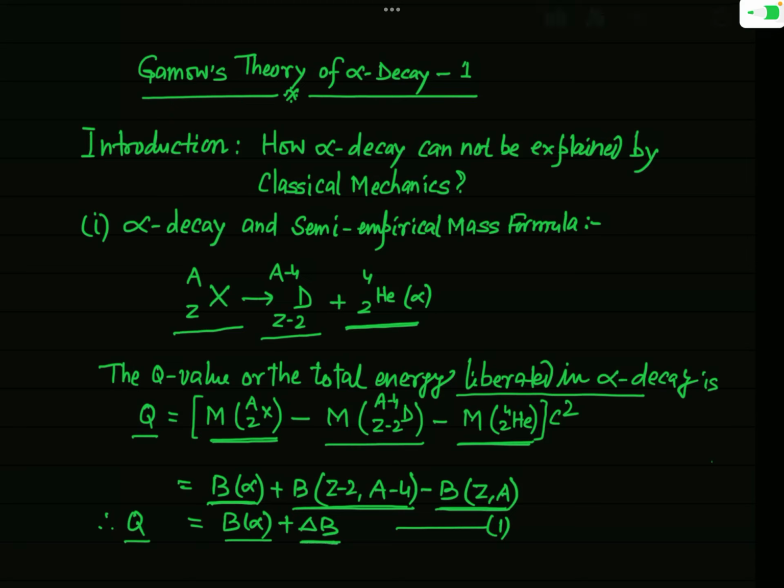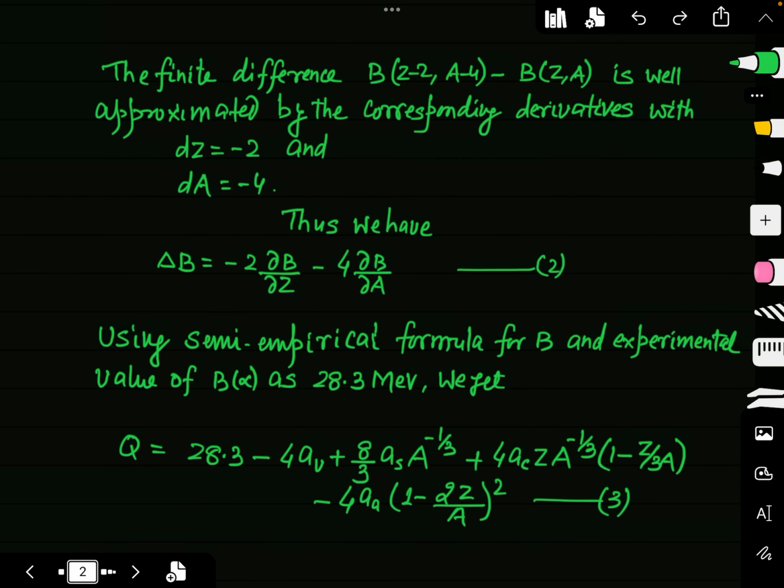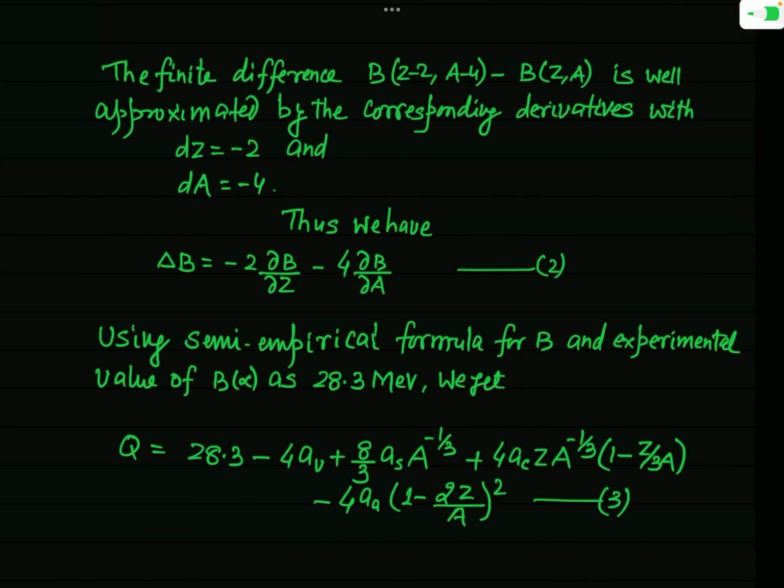Okay. Now you can see that this finite difference, B of (Z-2, A-4) minus B of (Z, A), is well approximated by the corresponding derivatives with dZ equal to minus 2, because the Z of the parent nucleus was Z and that of the daughter nucleus was Z minus 2.